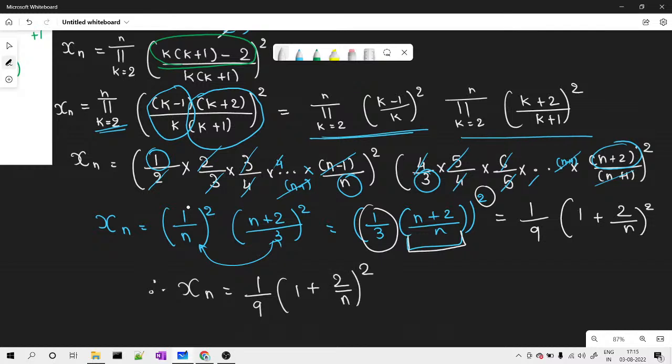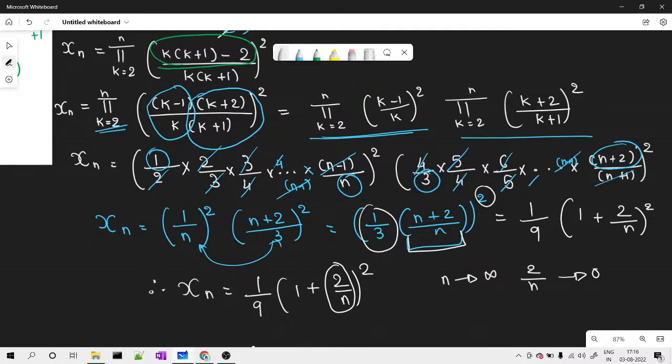And what do we want to find out? We want to find out the limit of this sequence. That means where will xn go if n tends to infinity. How can we find that out? If I take n to infinity, what will happen to this 2 by n, because that is the only varying term? If n goes to infinity, 2 by n will go towards 0.